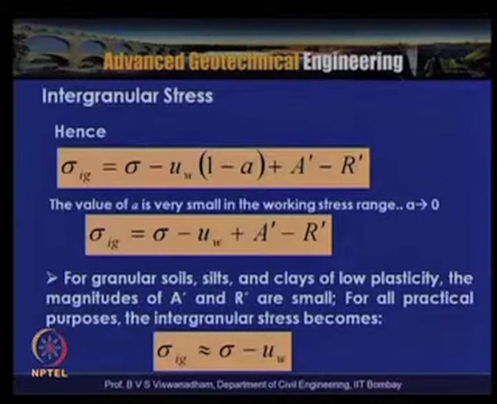For granular soils and silty soils or clays having low plasticity, the magnitudes of A dash and R dash are very small. So for all practical purposes, the intergranular stress becomes the effective stress, which is sigma dash equal to sigma minus Uw.